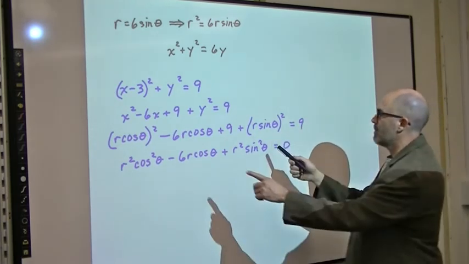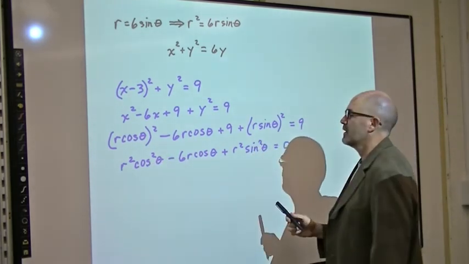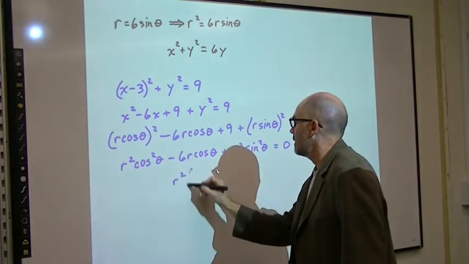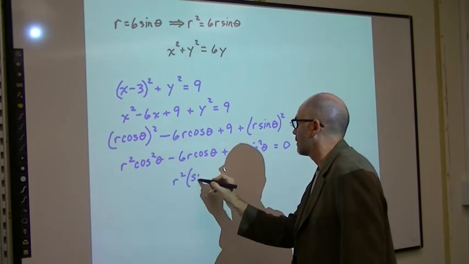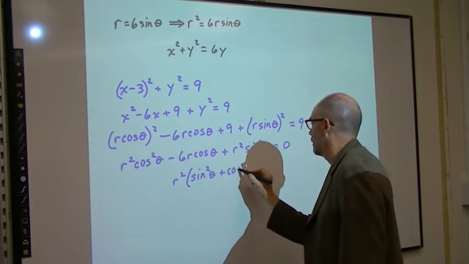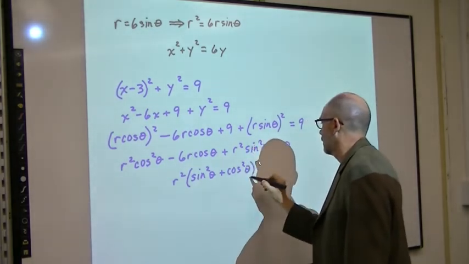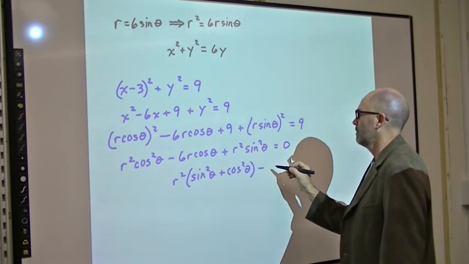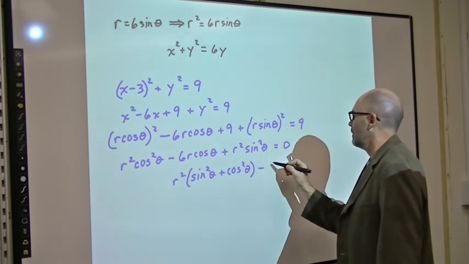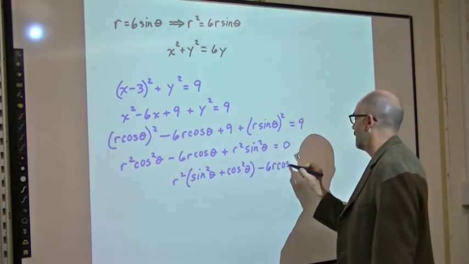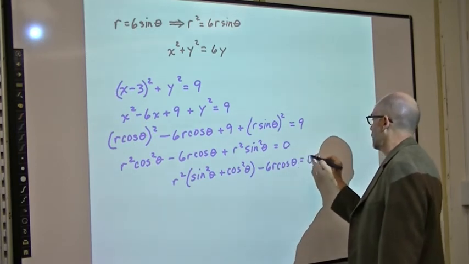Now, I'm going to take my r squared cosine squared theta and r squared sine squared theta, and make r squared times the quantity, minus 6r cosine theta equals 0.